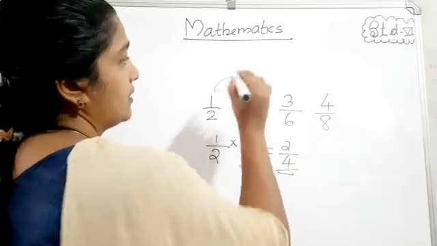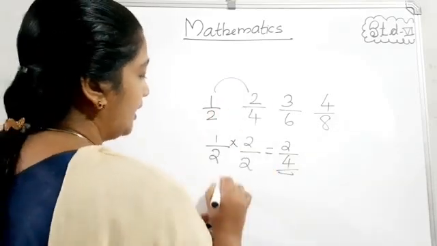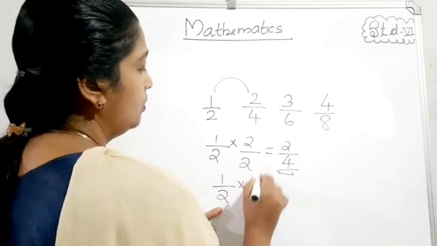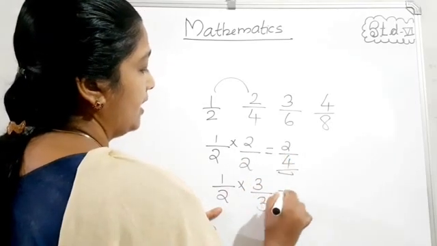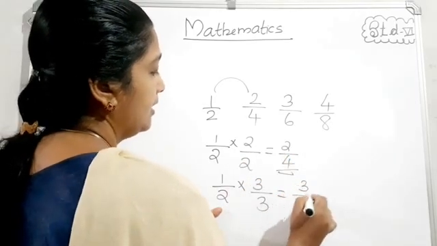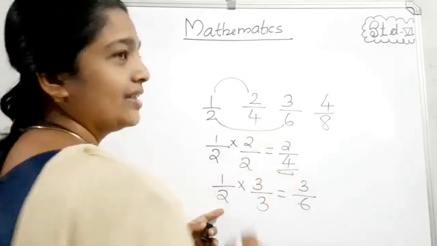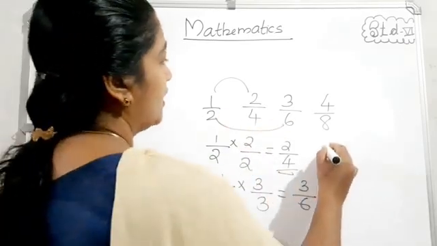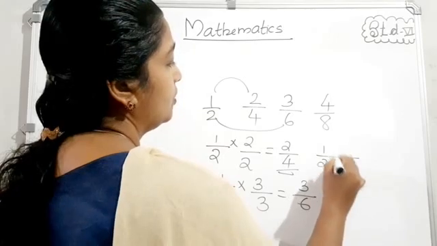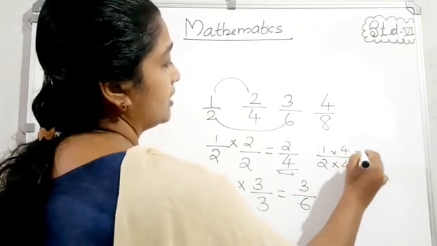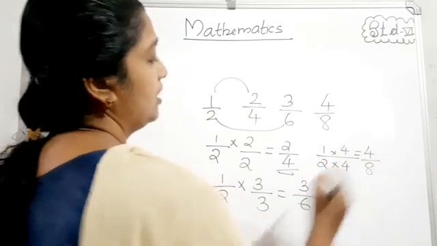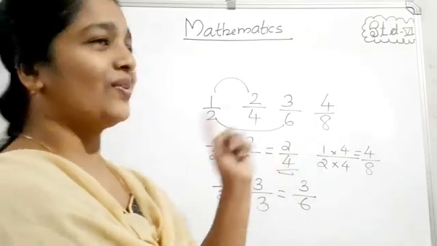Clear? Next, again 1 by 2 into 3 by 3 equals 3 by 6, that is the second one. Next, third one, 1 by 2 into 4 by 4 equals 4 by 8. So these are equivalent fractions.